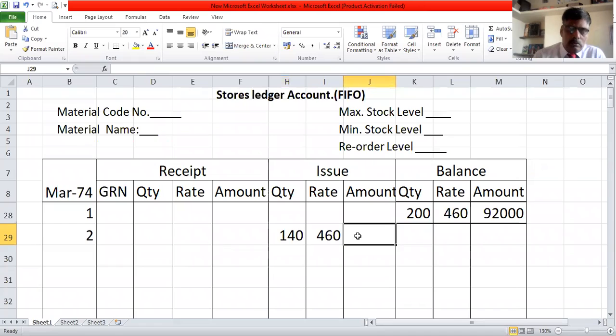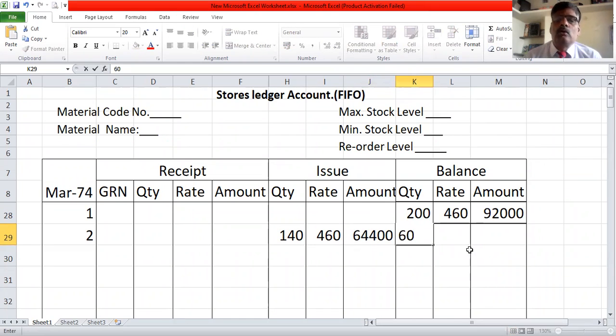460 into 140, 64,400. 64,400 is the amount. Okay. Then you write the balance. Balance is 60 tons. Out of 200, 140 issued.